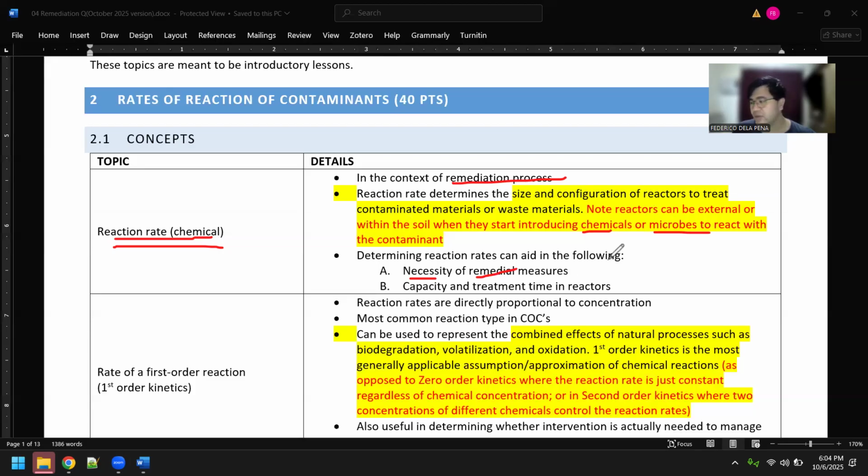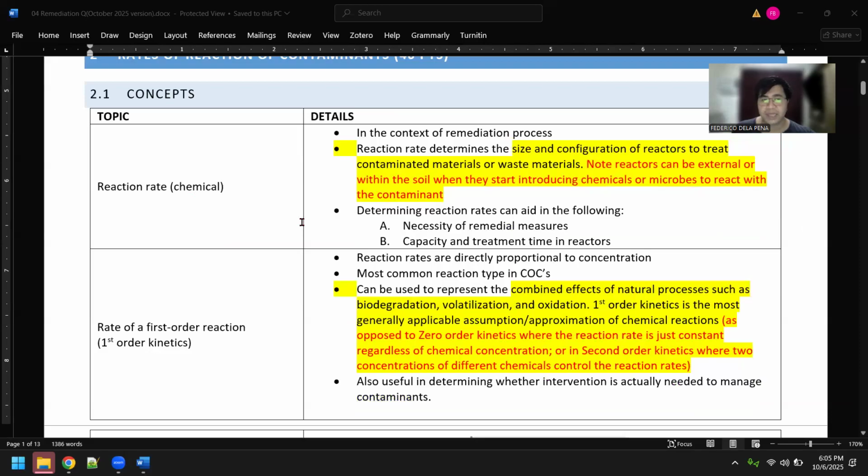And on the other hand, if you're designing chemical reactors, okay, yeah, you will need to know the reaction rate.